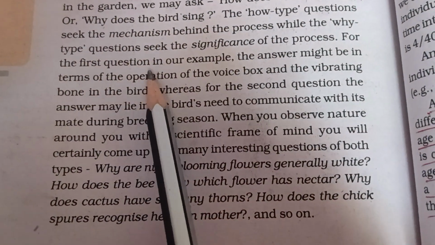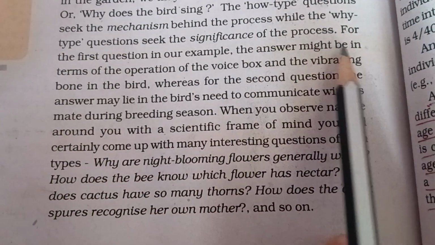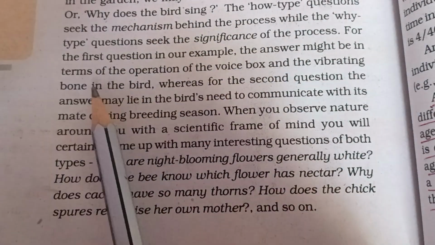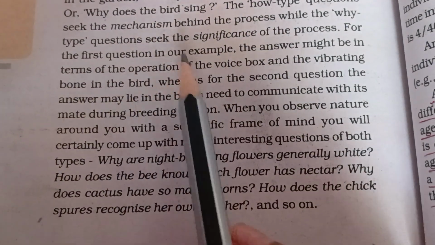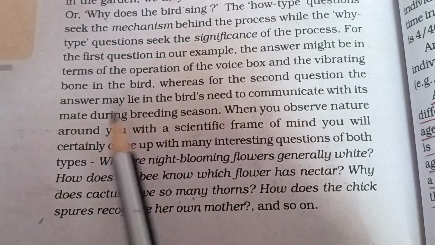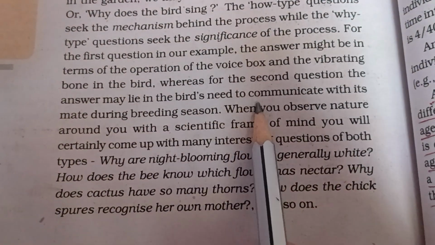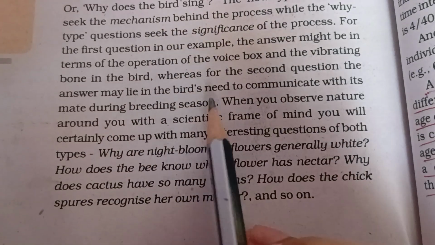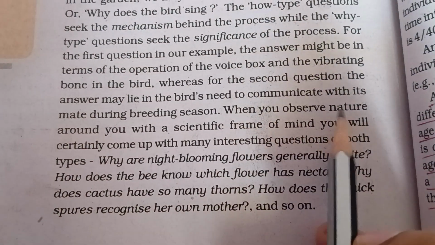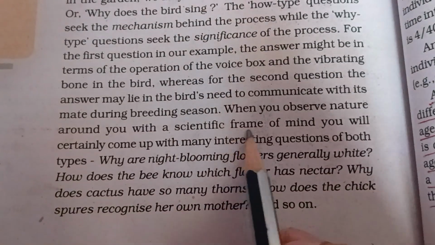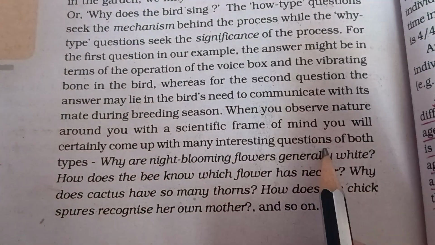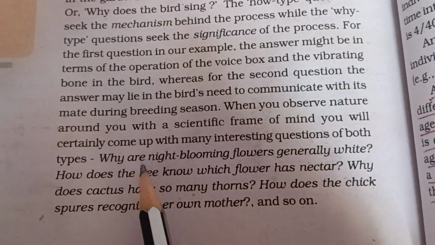So, for the first question in our example, the answer might be in terms of the operation of the voice box and the vibrating bone in the bird. Whereas for the second question, the answer may lie in the bird's need to communicate with its mate during breeding season. When you observe nature around you with a scientific frame of mind, you will certainly come up with many interesting questions of both types.